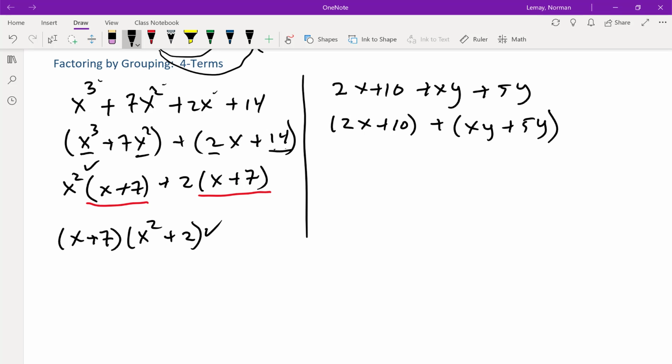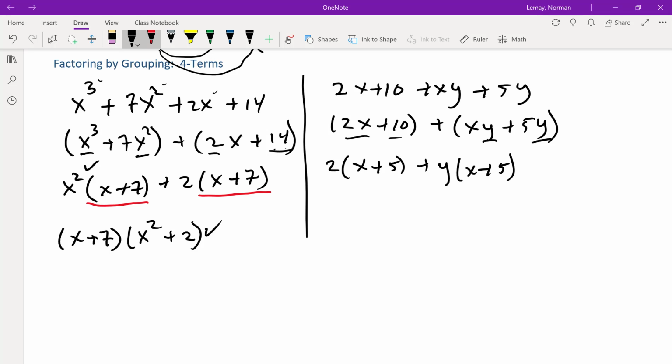Okay, so in this case, I take a look here and I'll notice that the greatest common factor between these first two terms is 2, and I'm left with x plus 5 plus... And then notice here, my greatest common factor with these two terms is y, so I'll pull out a y, and now I get x plus 5.